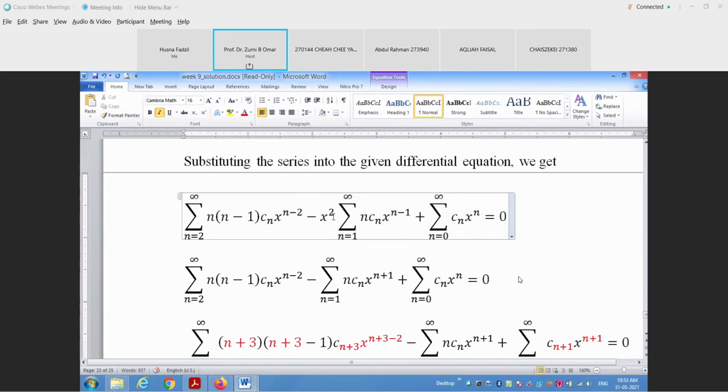In here we have x squared. You have to bring x squared inside because x squared is not a constant.